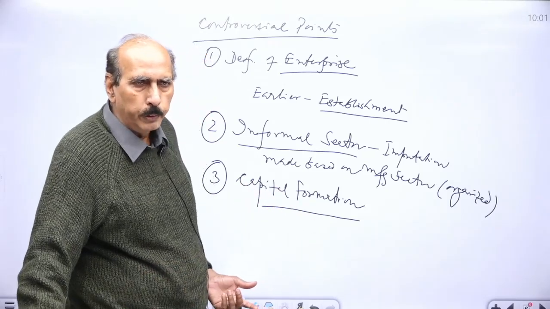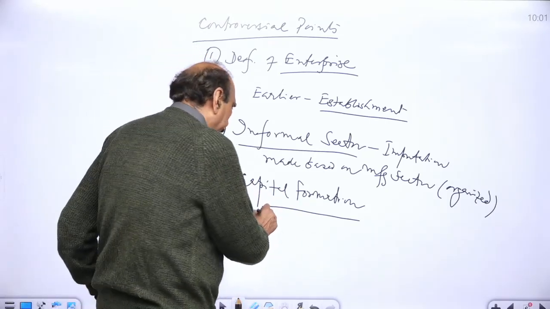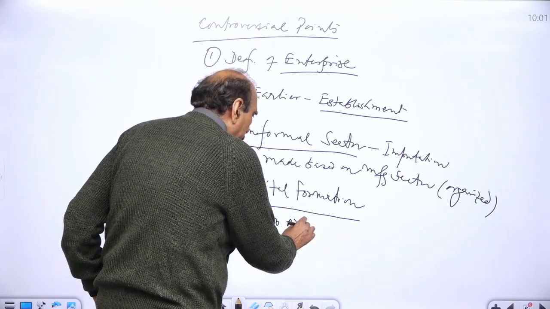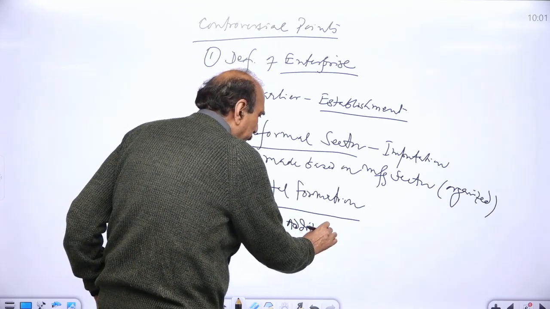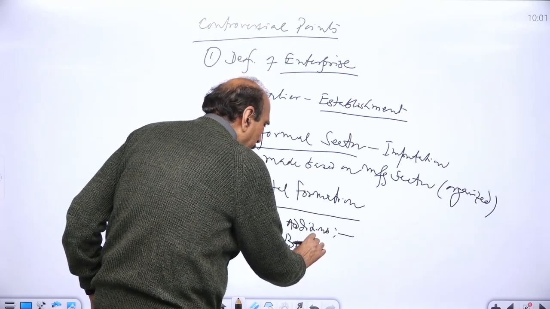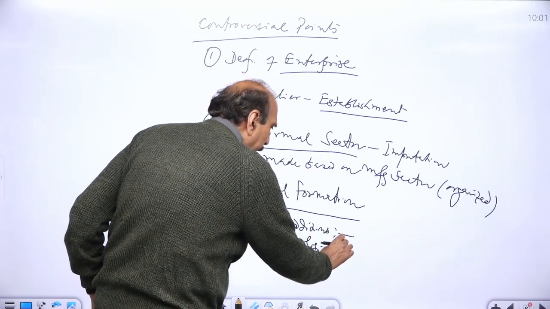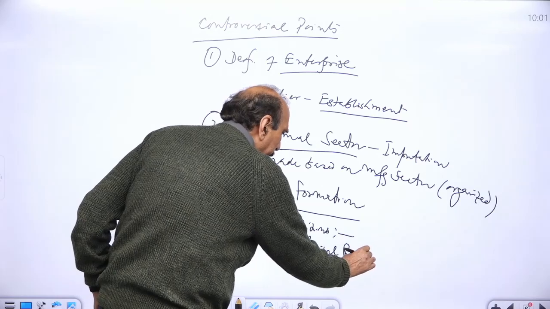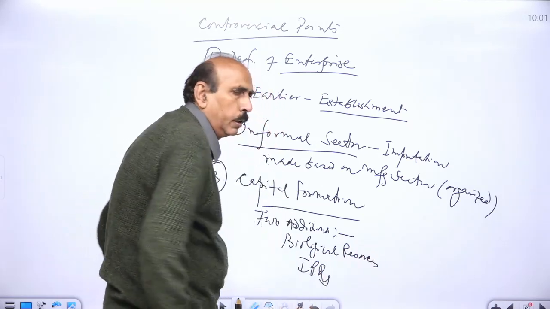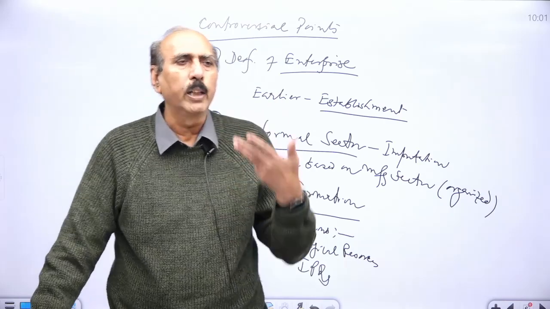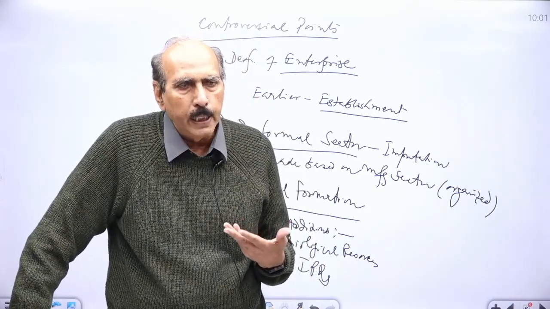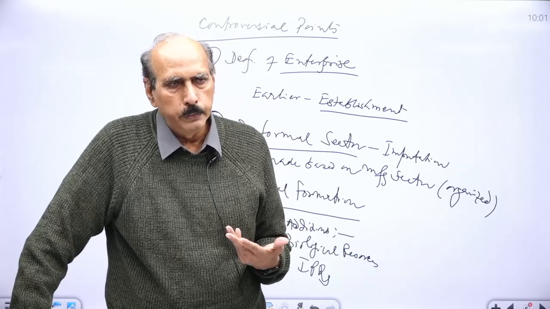Therefore, in the capital formation, two additions are made. One is biological resources are counted here, and second is the IPR, intellectual property rights, which has inflated the value of capital formation.